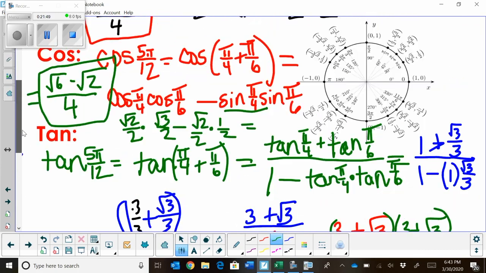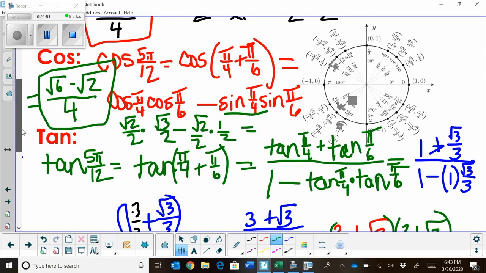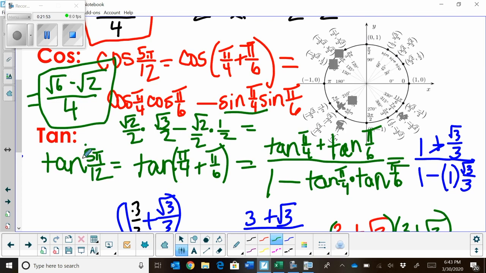Okay, so let's look at tangent one more time, because tangent is by far the trickiest. You start with your angle. You rewrite it as the sum of two angles. Then you plug it into your tangent formula. Tangent is the sum on top of the tangent of the first angle plus the tangent of the second angle over 1 minus their product.